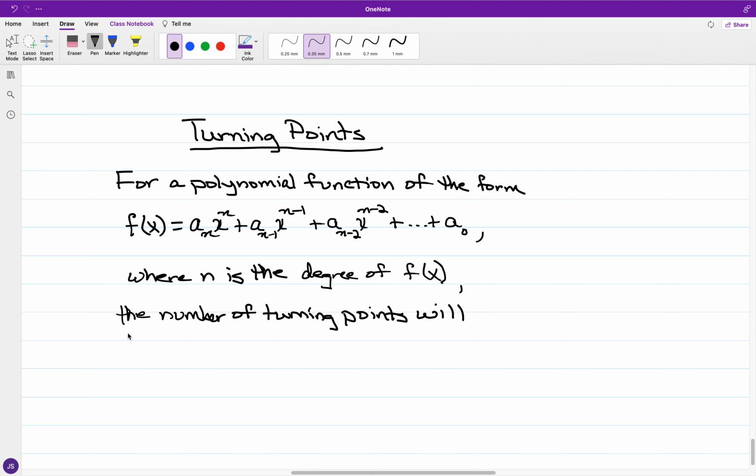will be at most n minus 1. So just referencing, n is the degree of f of x, and the number of turning points will be at most n minus 1.